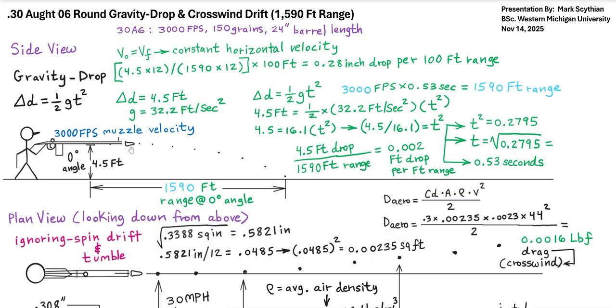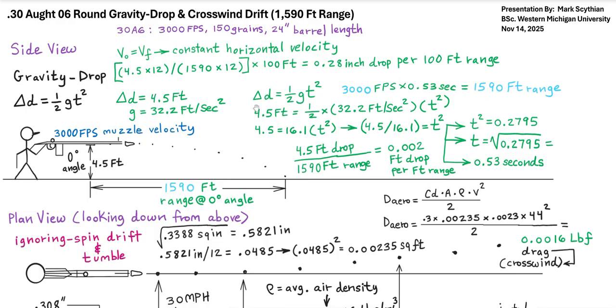So if this bullet was not moving and we just dropped it on the ground, how long would it take for it to fall 4.5 feet? So we can use delta D on the y-axis is equal to half of gravity multiplied times time squared.